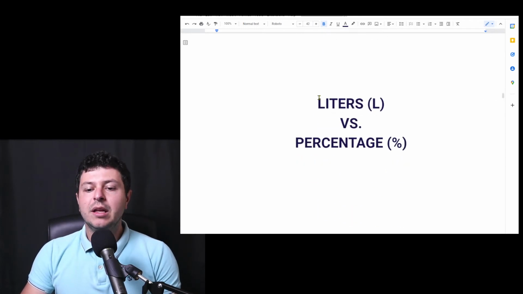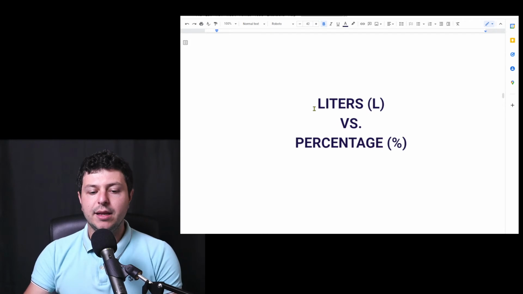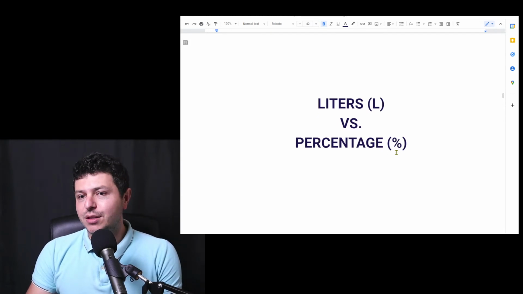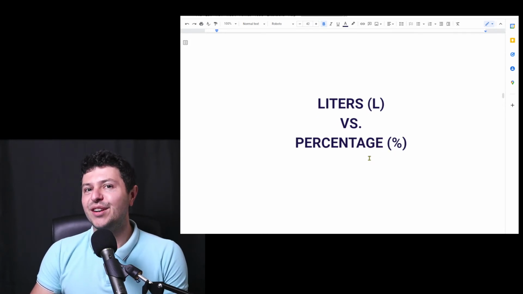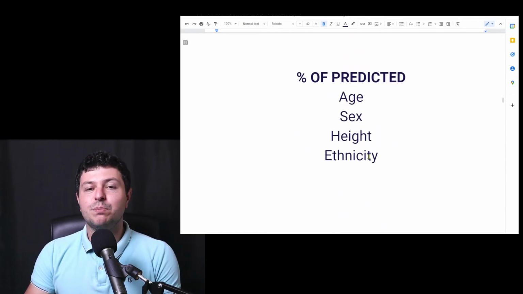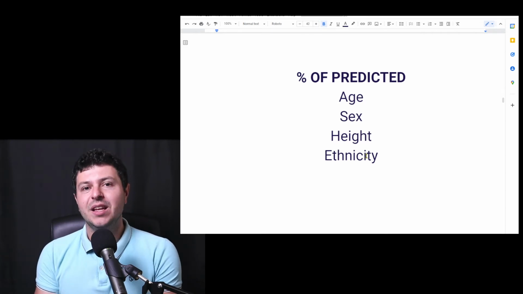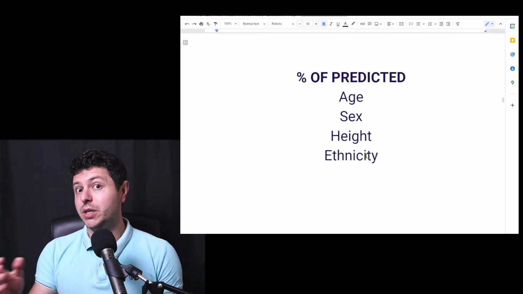Moving on, you will see on spirometry reports that we get reports in liters and percentages. This can get very, very confusing. This is where I have to mention that the percentages are a percent of a predicted value. These will differ from person to person.